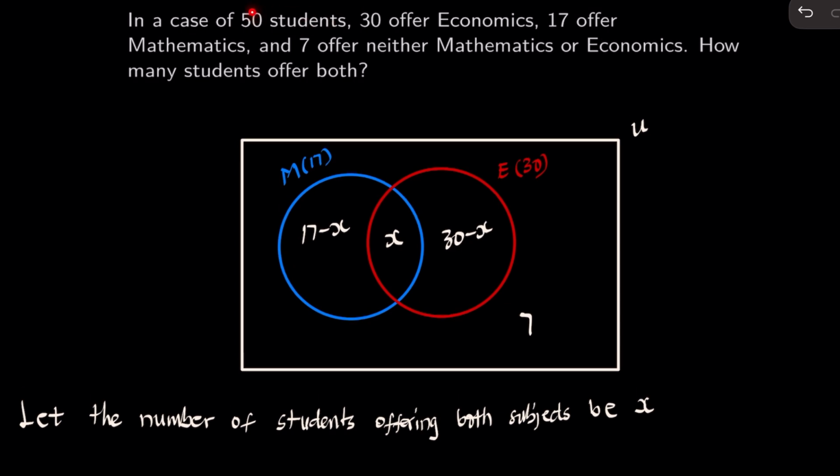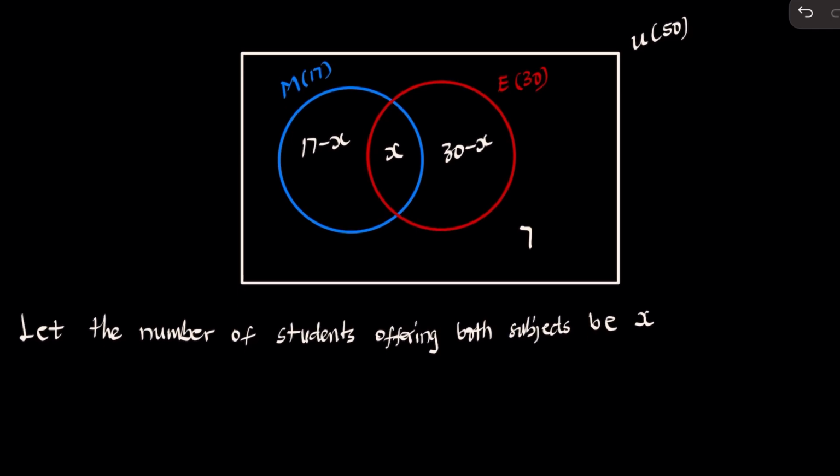From the question, we are being told that in a class of 50 students, and so the universal set is giving us 50. Which implies that when we add those students offering math only, those offering both subjects, those offering economics only, and the students offering neither of these two subjects, we should be able to get the total number of students, which is 50 in this case.